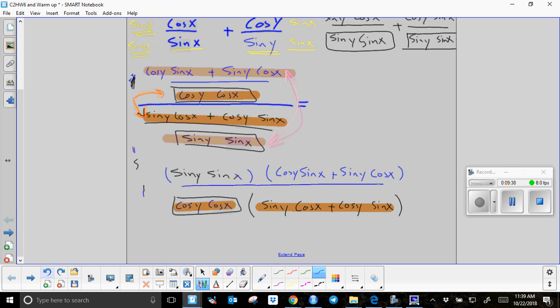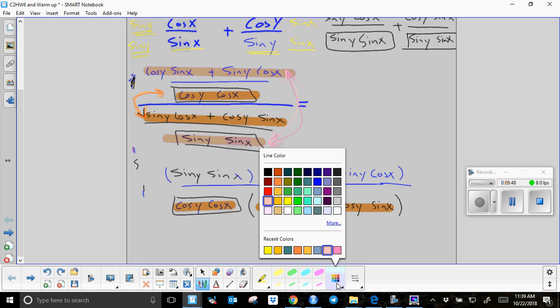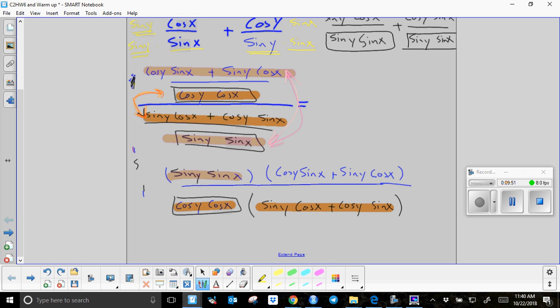So as you can see, it's pretty long, but it's just algebra, right? And if you want, I can highlight it for you to help you understand where they are coming from. I'm going to pause the video for a second so you can look at the parentheses. Which parentheses? This parentheses and this parentheses. Do you agree that they're both the same?